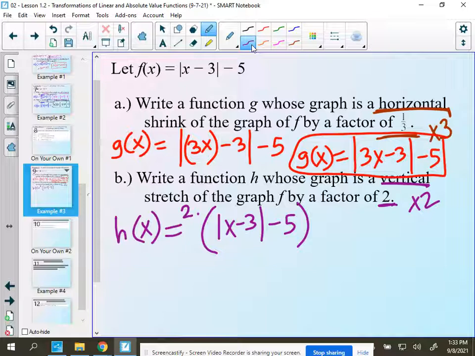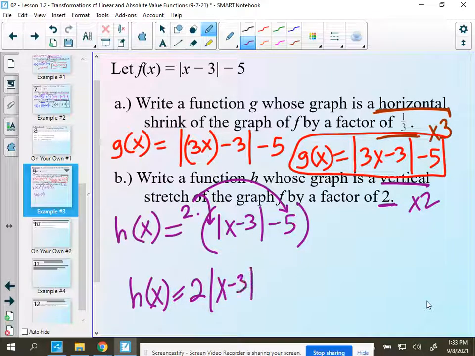Okay, how did I know whole function? We just have to know that vertical stretch or shrink is always a whole function one. So it's that idea we saw a couple ago where I'm going to distribute in front of the absolute value all the way over here and finish up with h of x equals 2 times the absolute value of x minus 3, right? We can't distribute in there, minus 10.